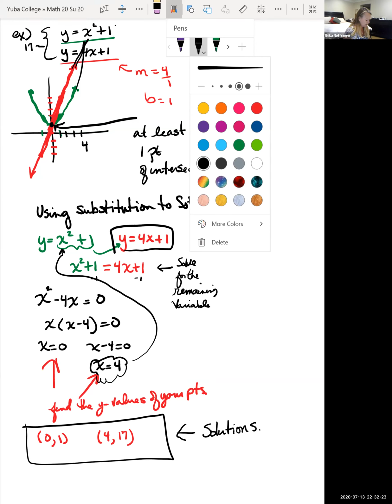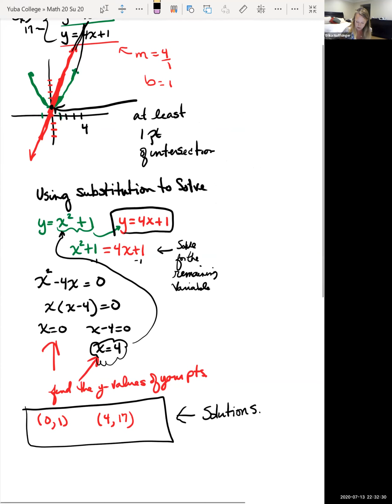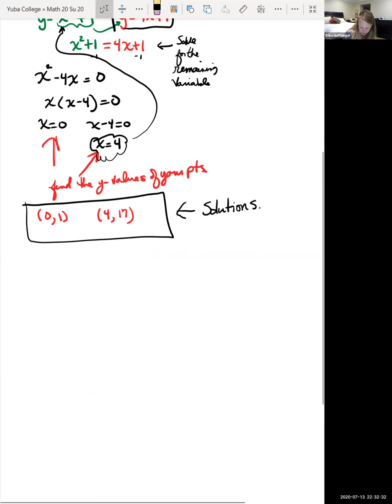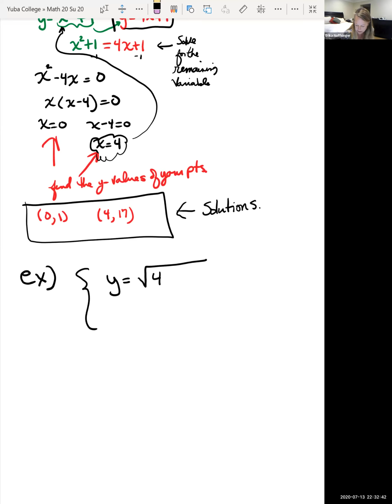Let me pull another one. So this system, you get y is equal to the square root of 4 minus x squared.